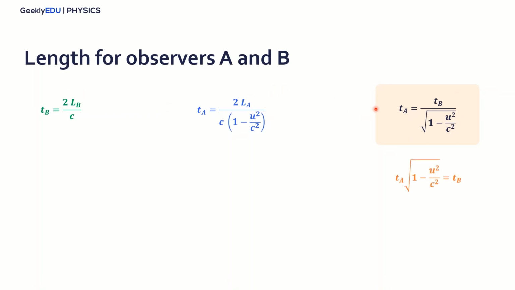First, from this equation here, I can isolate the time for B. This is the relativistic time, so you can just isolate the time for B. And now we have that this equals time for B, and also this equals time for B. So we can put them together in one equation.